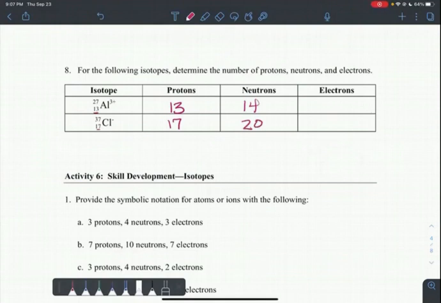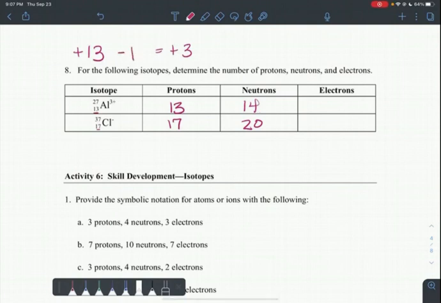Now the last one that's just a little bit tricky is the charge, right? So for this first one, we need a charge of +3. So we know that we have 13 positive charges. So how many negative charges do we need in order to balance that out?